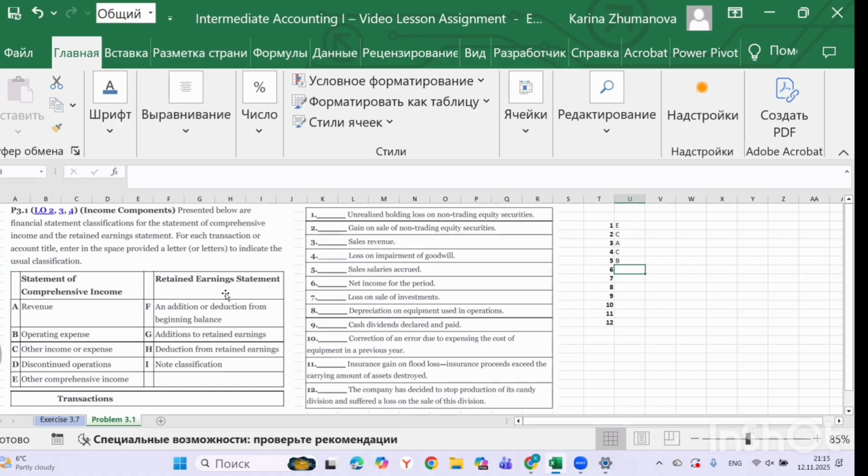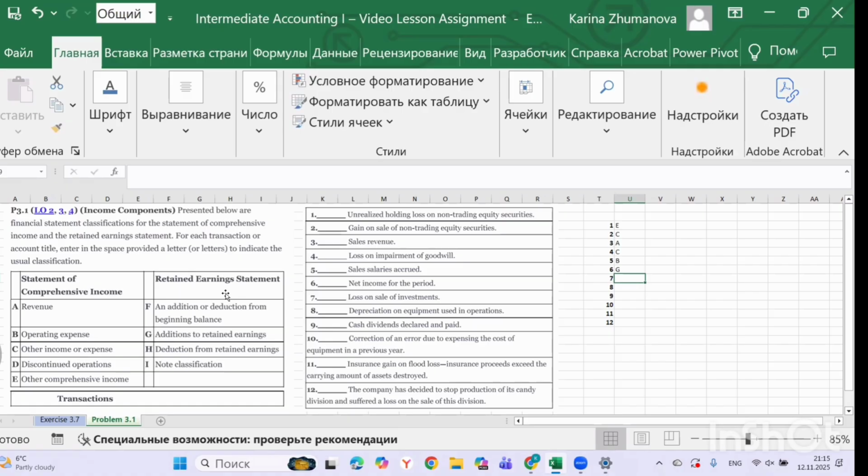Six, net income for period. The final profit from the income statement, something like revenue minus expenses. So the answer is G, additions to retained earnings, because profit gets added to the company saving account.